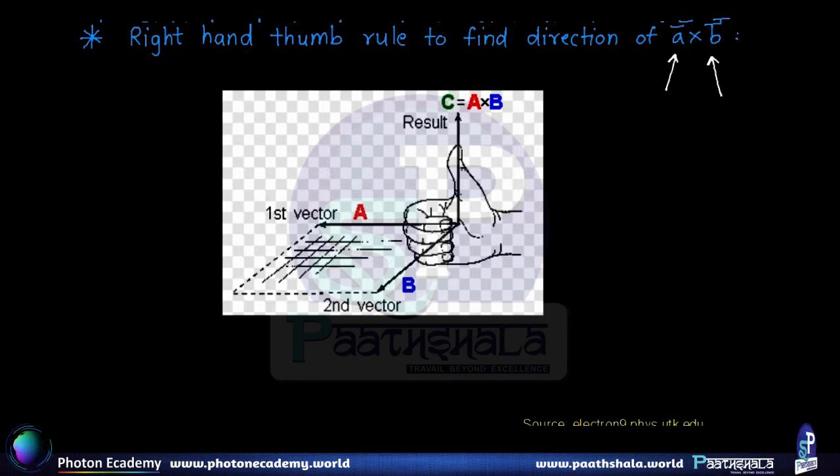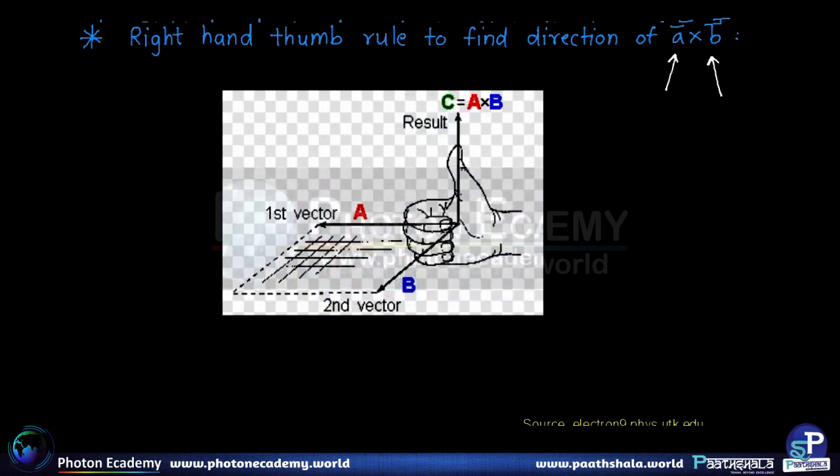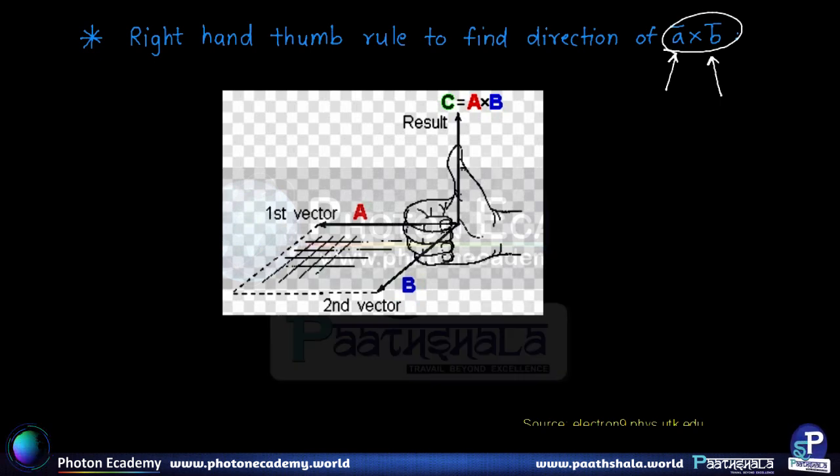Whatever direction the thumb of the right hand points, that is the direction of a cross b. a bar and b bar might be oriented in any direction, they need not be as shown in the figure, but we still sweep them with the right hand and see where the thumb points.